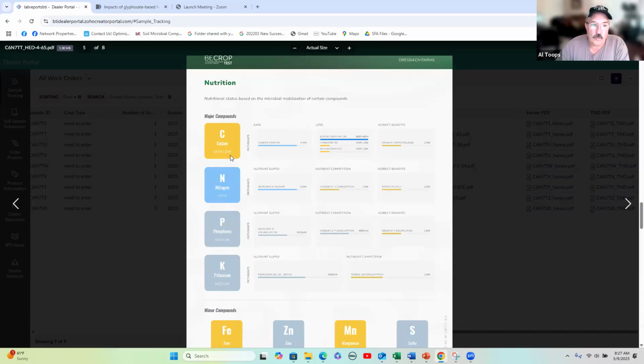But we're showing here with the genomics test that we need to reverse our practices to be able to get higher levels of carbon. We're not building organic matter. And that's been commonly known in agriculture. We know that over time we end up depleting organic matter with practices.